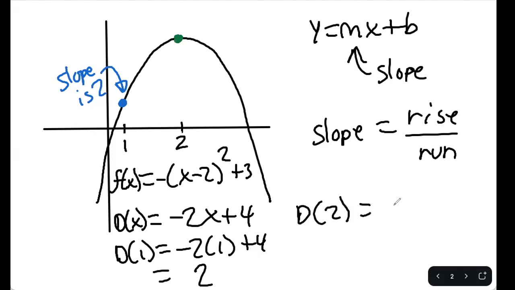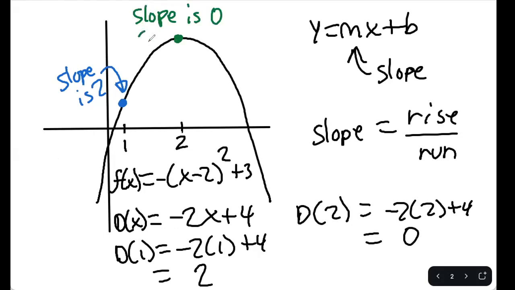If I do that, I get this. I'm literally replacing x with 2, right? And I end up with 0. So right here, the slope is 0 at this point. That's how derivative functions work. Does that make sense? Yes. Derivatives are basically slopes at certain points on the parabola.